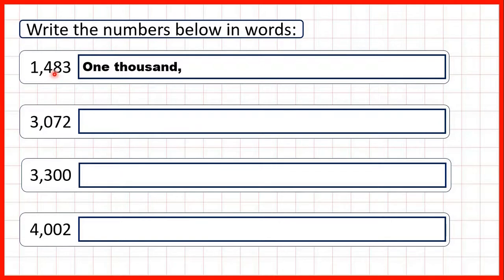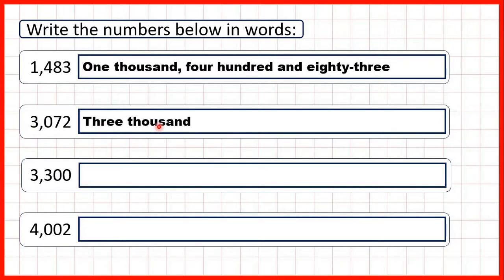Then we can look at the last 3 digits of our number, and we already know how to write 3-digit numbers in words. So we can see that here, because we have 483, we can write 483 in words. Now for this number here, we have 3 as our thousands digit, so we can write 3 thousand.